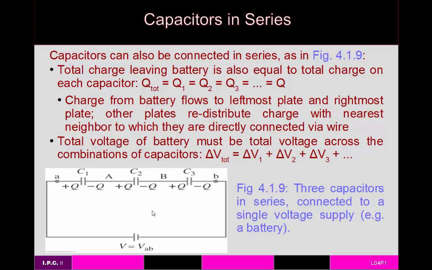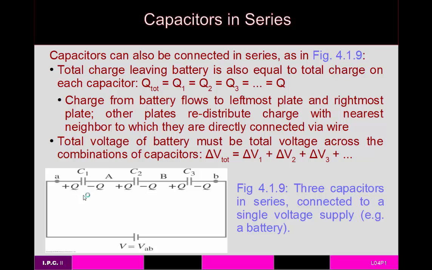And so what that basically means is that for each electron moved to this plate, we kick off one electron to this plate, which has to go to this plate, which in turn kicks off one electron from this plate that has to go here, which kicks off one electron here, which ends up going to the other terminal of the battery. Hence, the charge on all these capacitors must be the same.